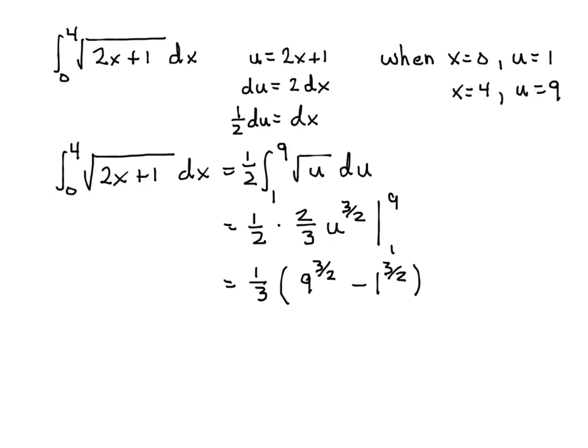So 9 to the 1/2, of course, is 3. So we don't have to use a calculator there. We know the square root of 9 is 3, and then 3 cubed is 27. So I get 27, and then 1 to any exponent is just 1. And so when I evaluate that, I get 26 thirds.